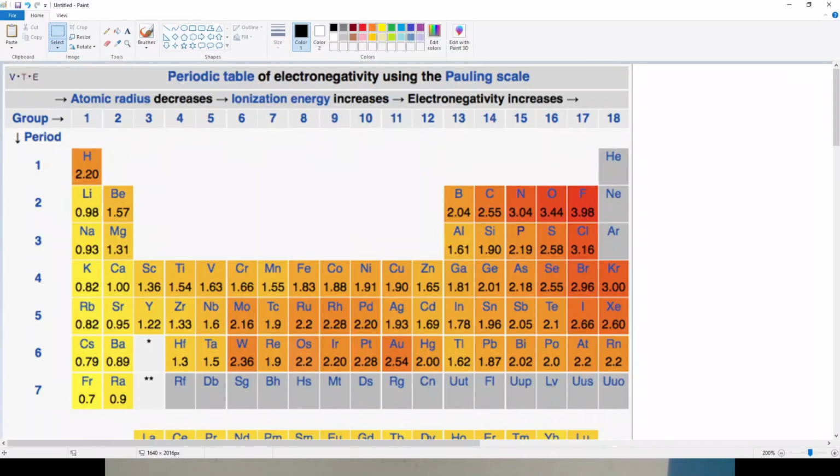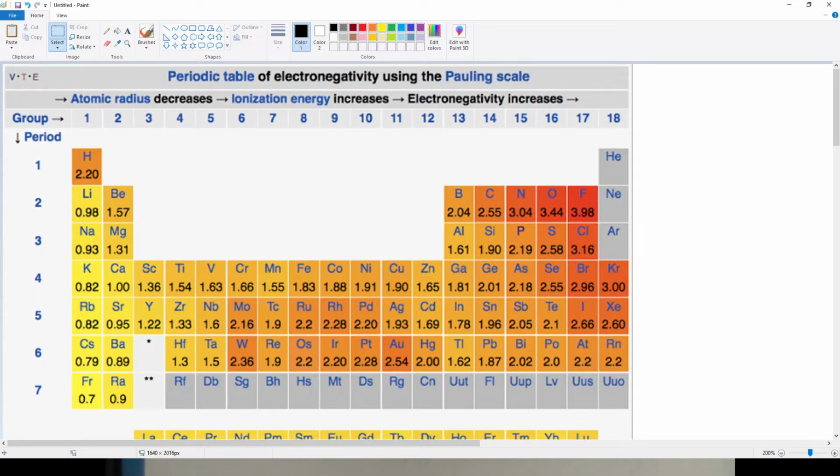So let's do another one to really home this in. Calcium fluoride. Would that be ionic or not ionic?